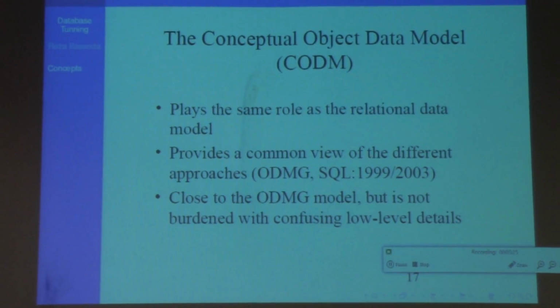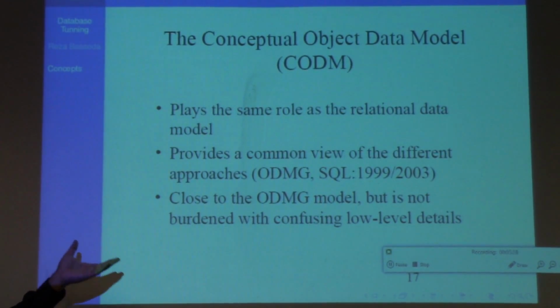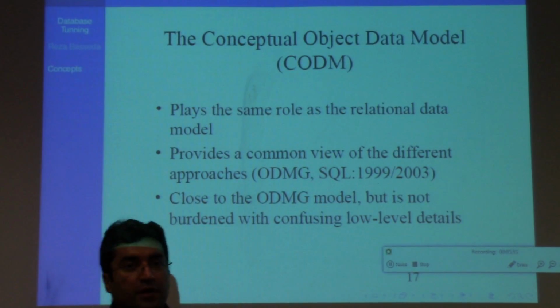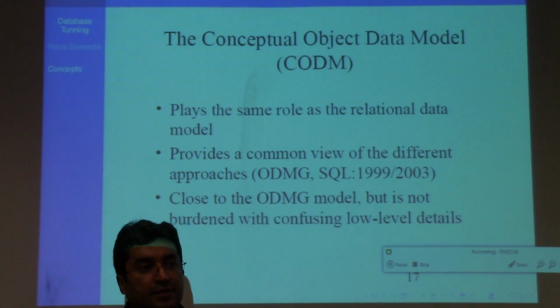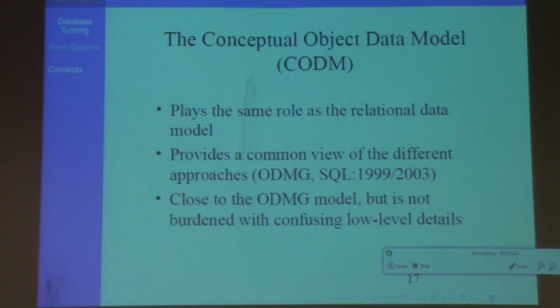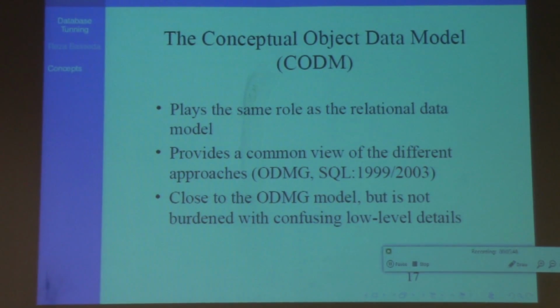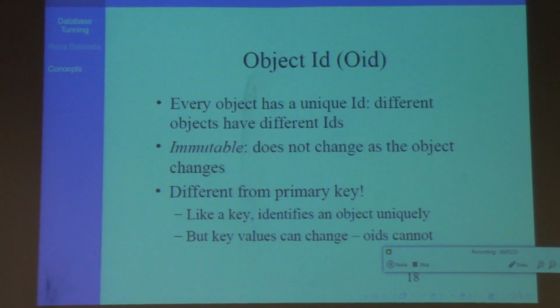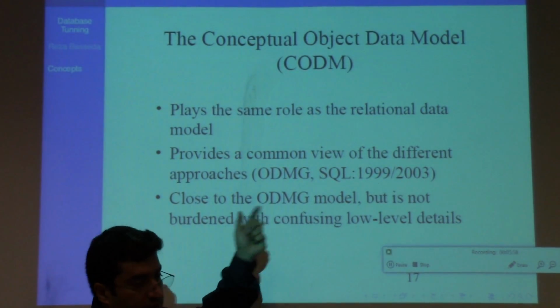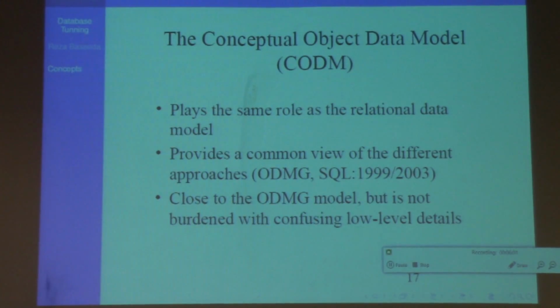For example, if you know this conceptual object data model, you can easily understand what Hibernate is doing, what CORBA is basically doing, all of these techniques and approaches, even to understand how distributed object models are working. And this is also very close to the models and the languages defined by ODMG.